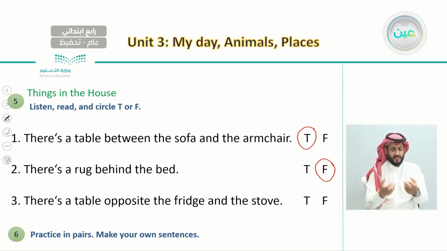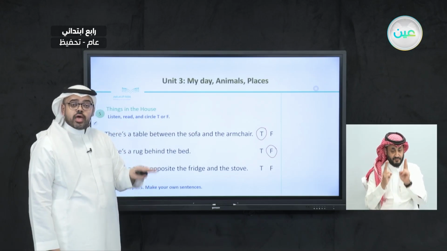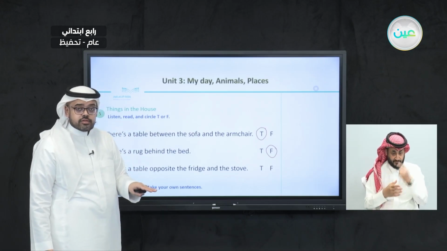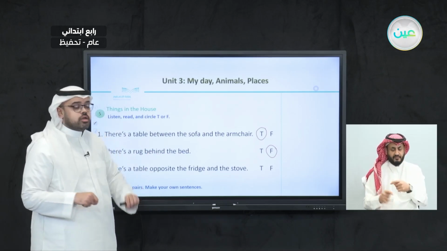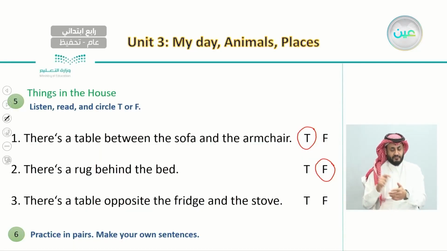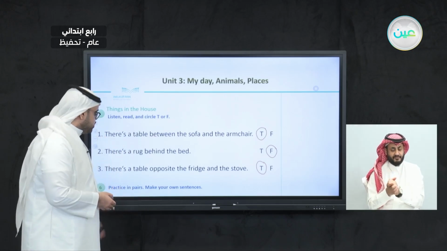So you can see a stove, next to it a fridge, and opposite of them a table. Can you see this? If you can, and you will, then here we need to circle T, which is true. Which is true.